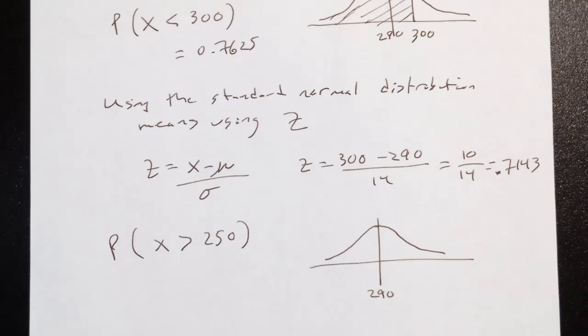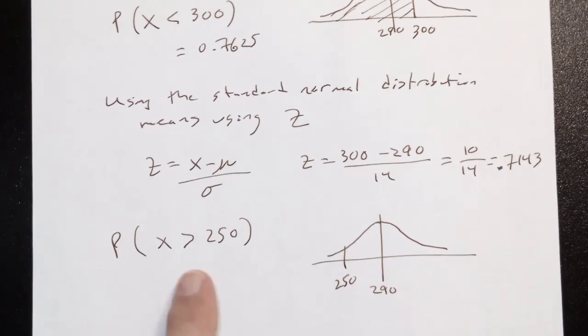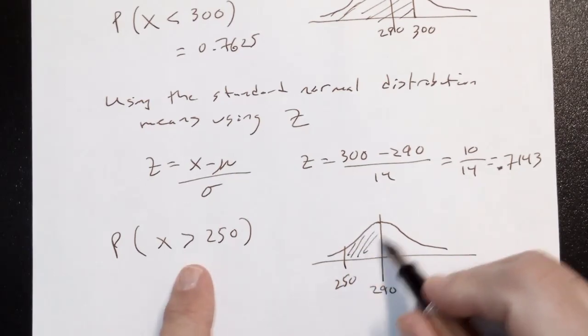Where's 250 relative to that center mark? To the left. Are we shading to the left or the right? Because we want bigger than.